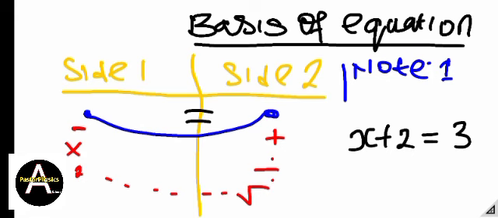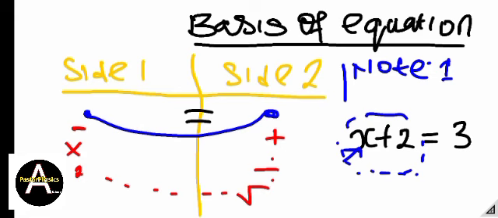And if we are looking for x, all we need to do is to remove everything that is connected to x from this side, so that x will be standing alone, is it not? So when we remove anything that is connected to x, we have the solution for x, because x will now be equal to a number.